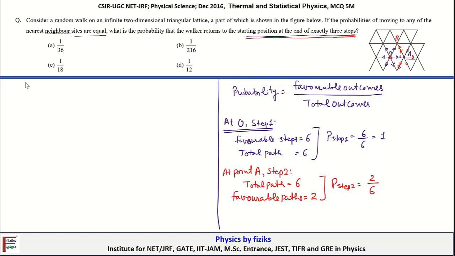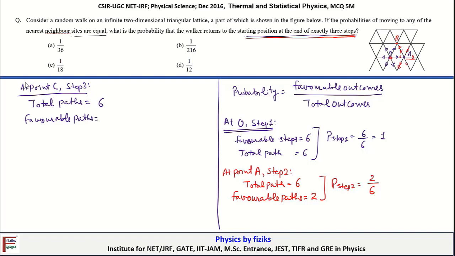So at point C, that is execution of step 3, again the total paths will be 6, but out of these total 6 paths, what are the favorable paths? So let's take a look. Favorable paths.